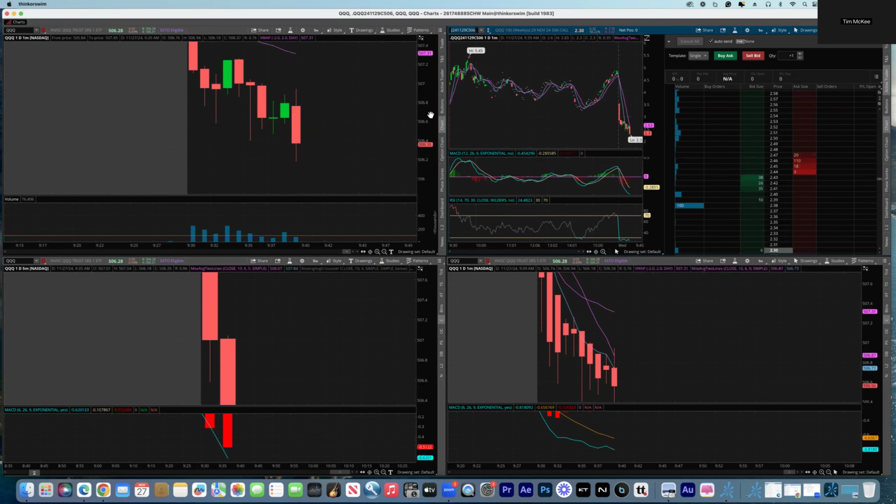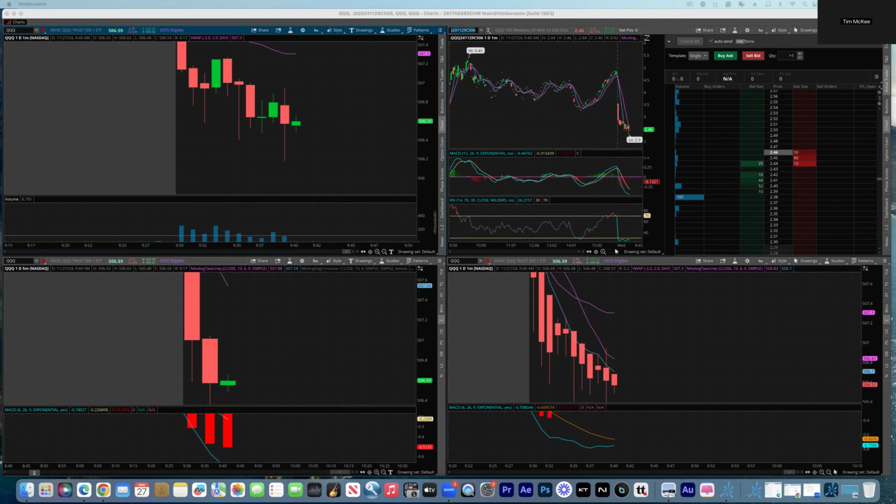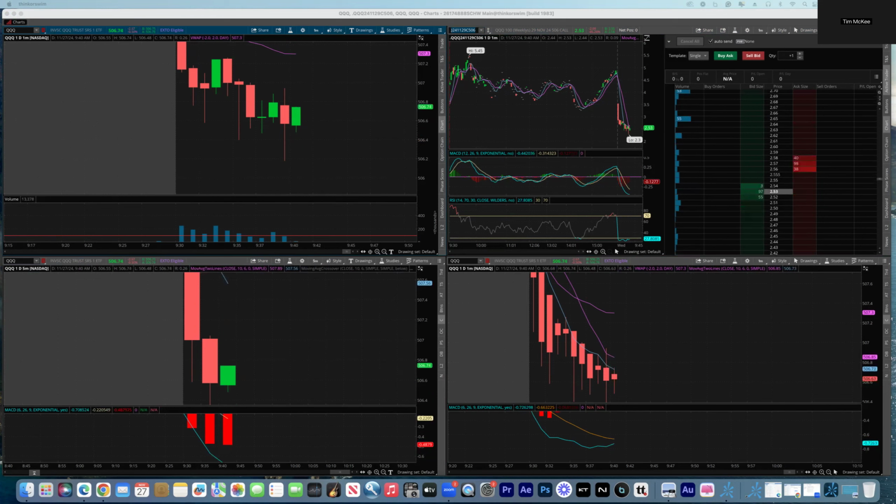Wow. An additional push down here, but getting pushed all the way back up. So Dow is up by 72, Nas is down by 83, S&P is down by 8, almost 9. Mixed markets.